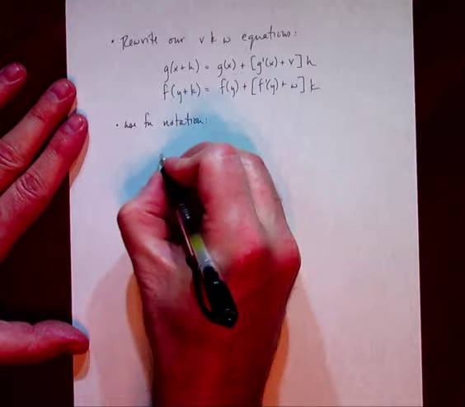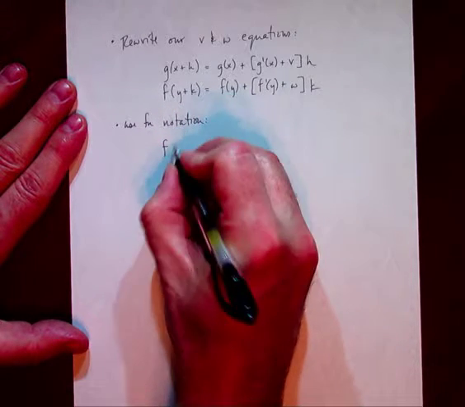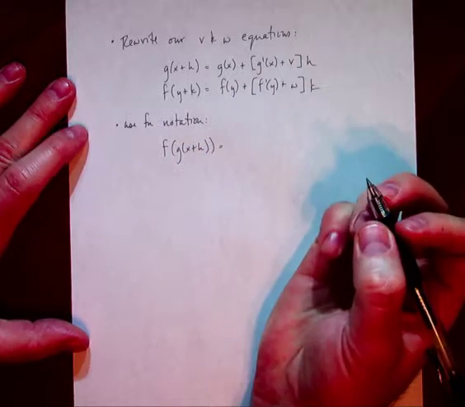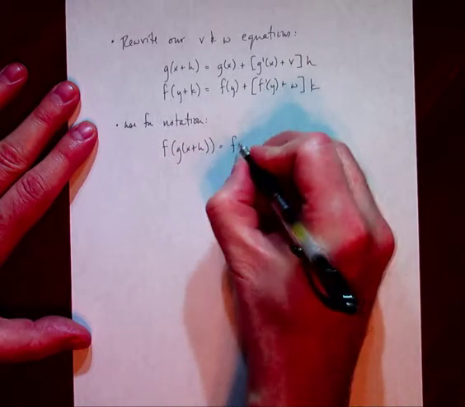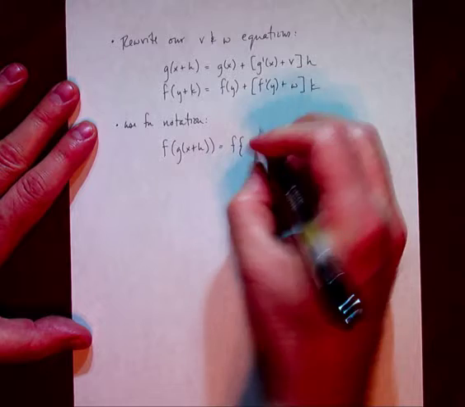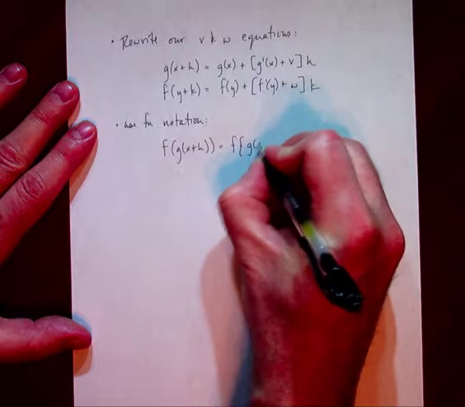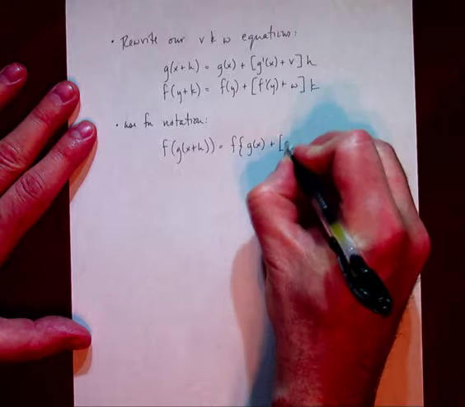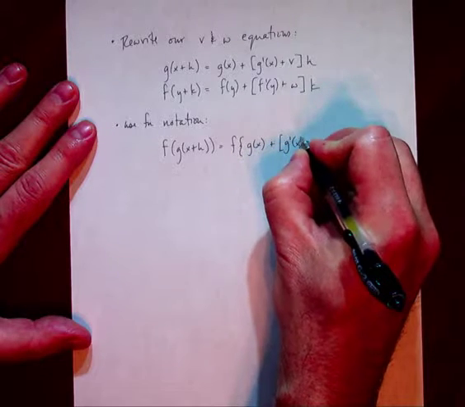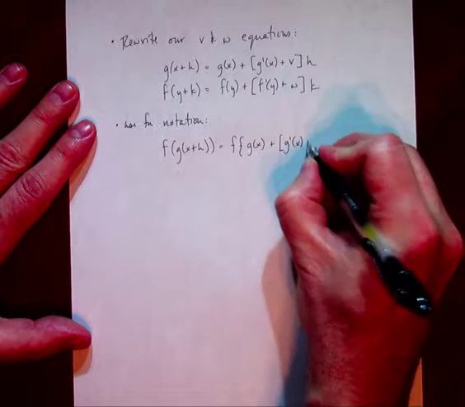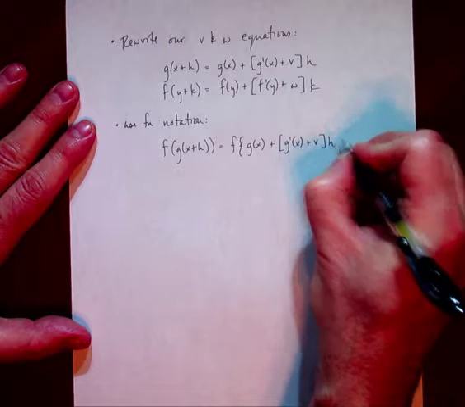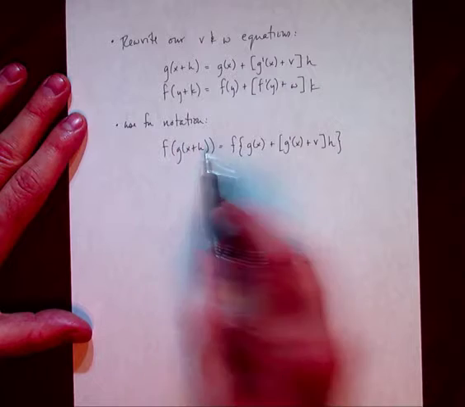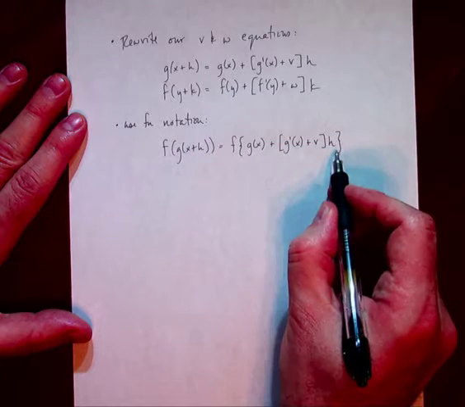And we notice that f of g of x plus h is going to be f of g of x plus g prime of x plus v times h, right? Because all we're doing, instead of g of x plus h, we're drawing this whole big long thing.